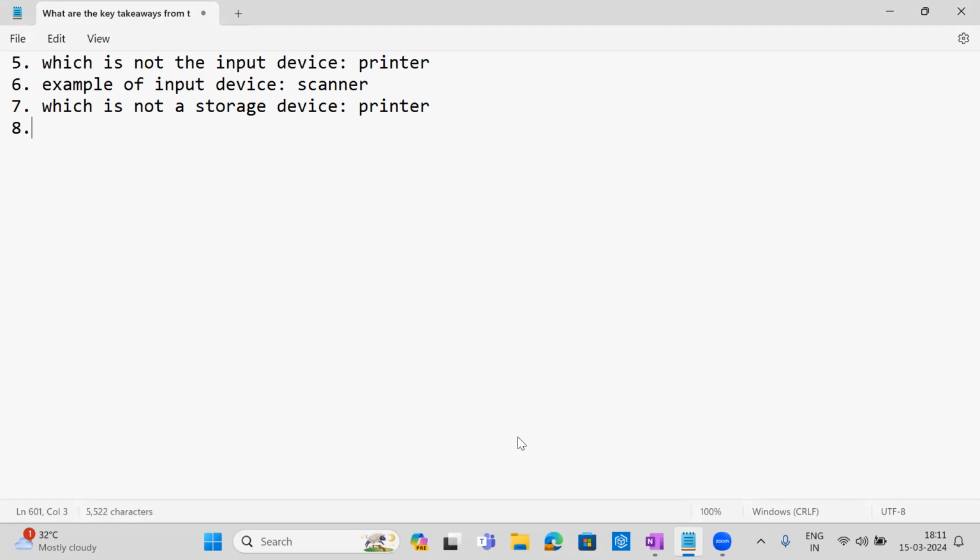Which is also called the brain of the computer? Is it motherboard, memory, RAM, CPU? The CPU.